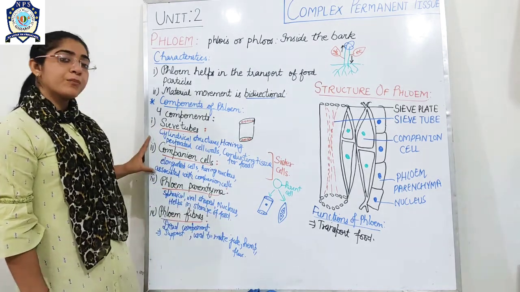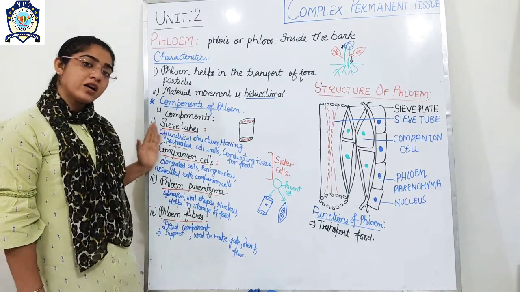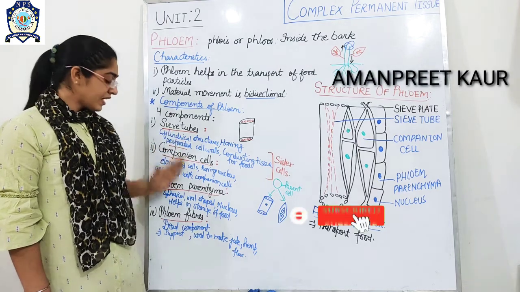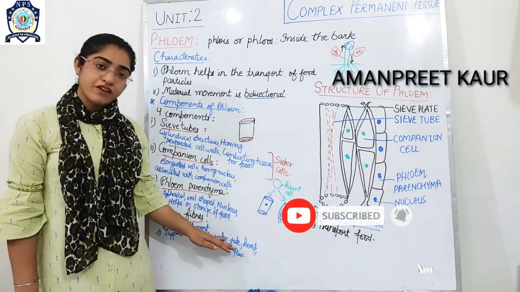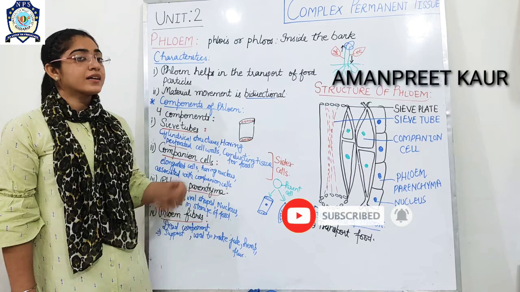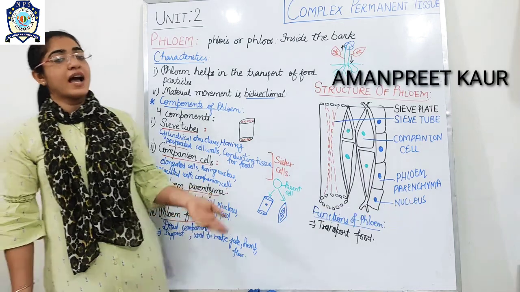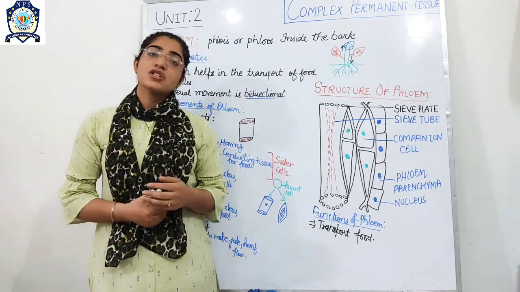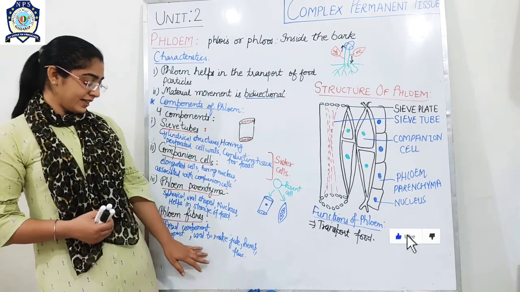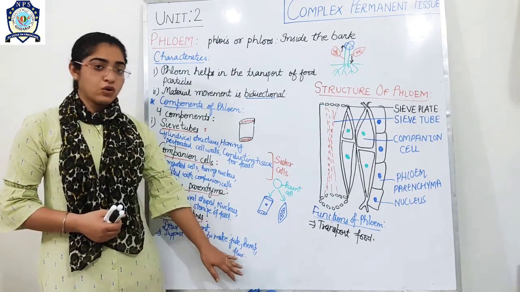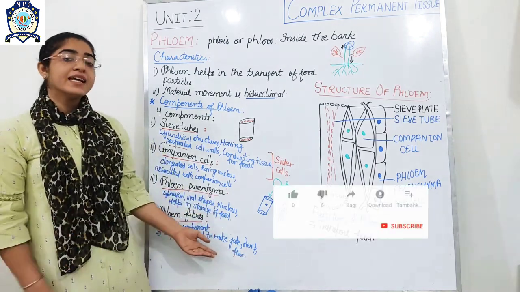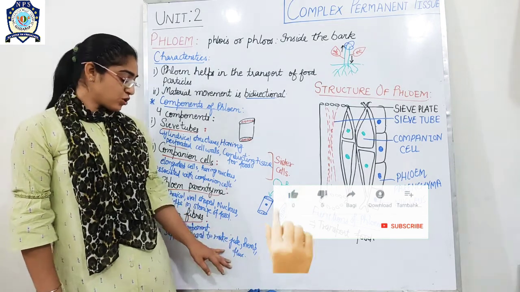So the first three components are the living components of the phloem, and the last one is the phloem fiber, which is the dead component and helps to provide strength and support, and at the commercial scale it is used to make jute and hemp.